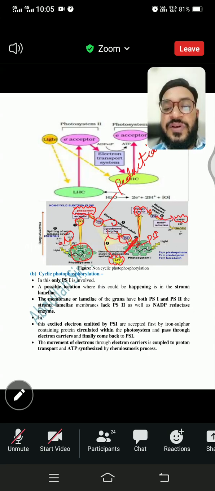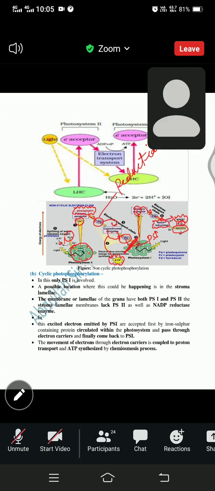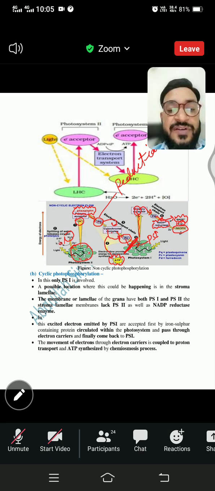In the presence of the enzyme NADP reductase, NADP reacts with the proton and makes NADPH.